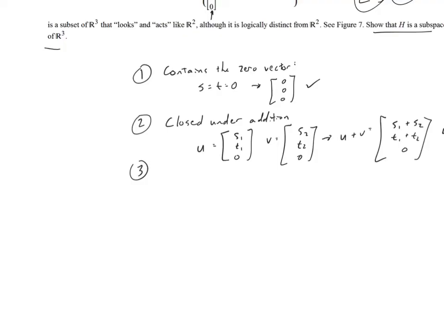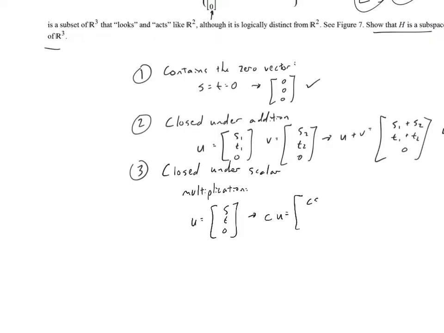All right. Now, for the third piece, we've got to show that it's closed under scalar multiplication. Okay, so how do I do that? I'm going to say, all right, I've got u is equal to (s, t, 0). So then what is c times u for some scalar c?